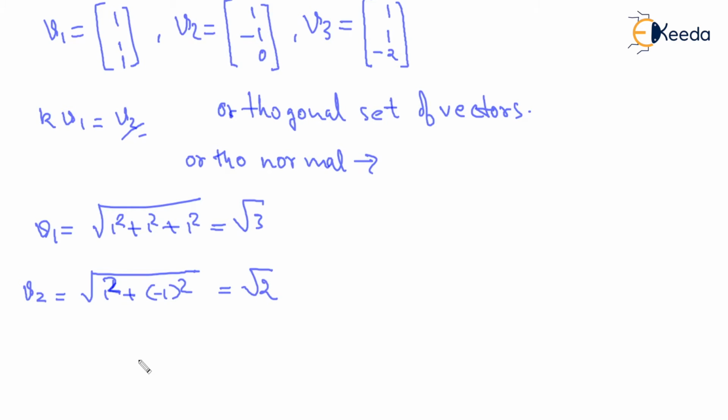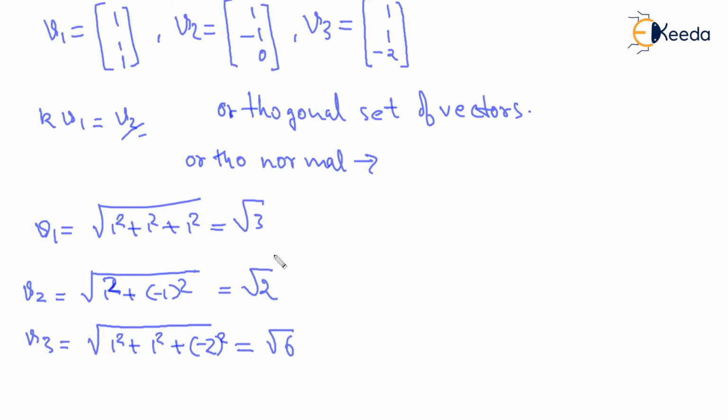And V3 is the square root of 1 square plus 1 square plus minus 2 square, which is root 6. So none of the vectors are unit vectors.